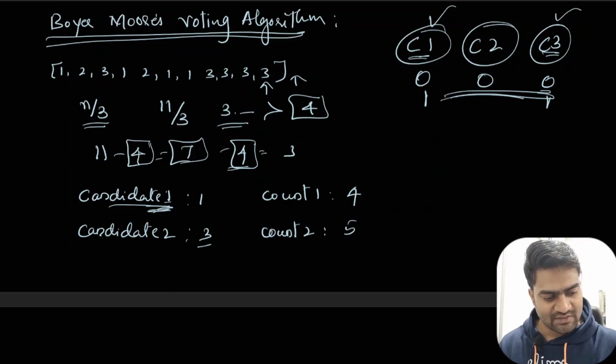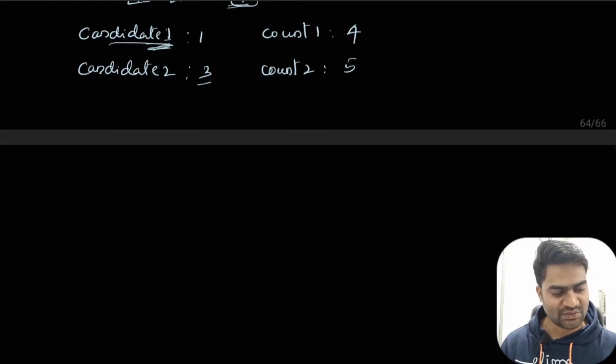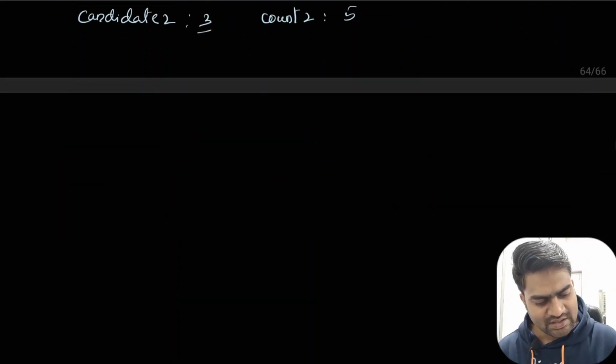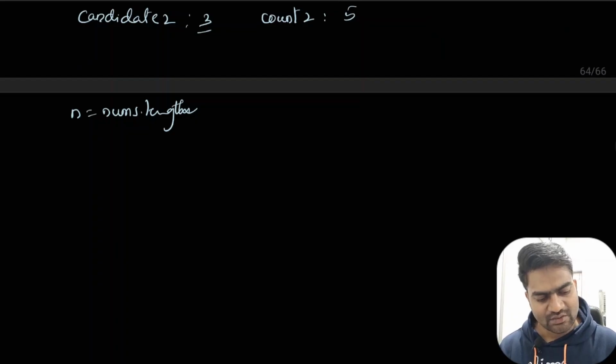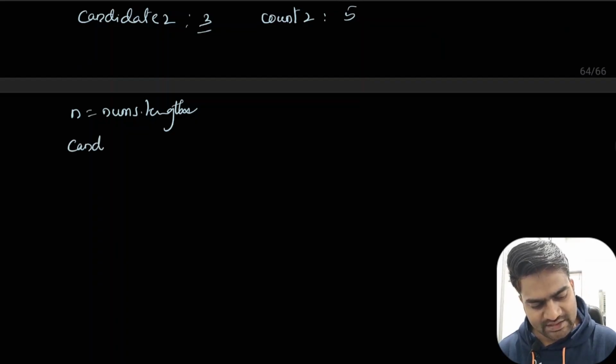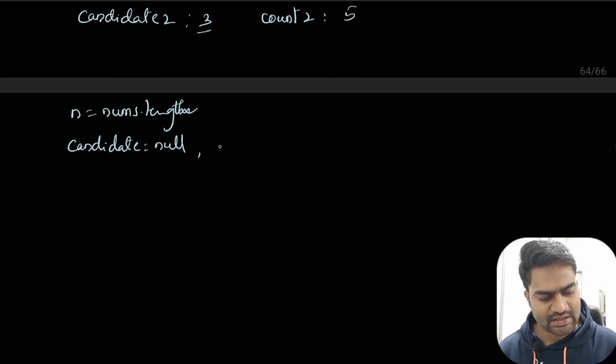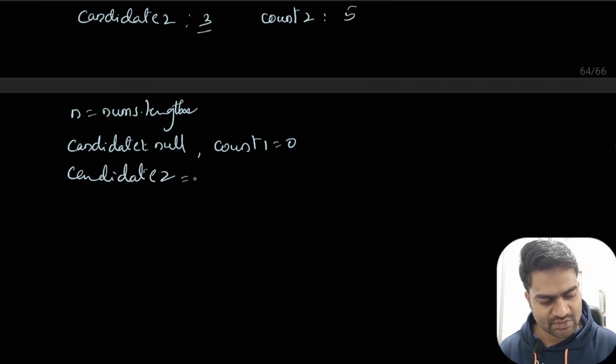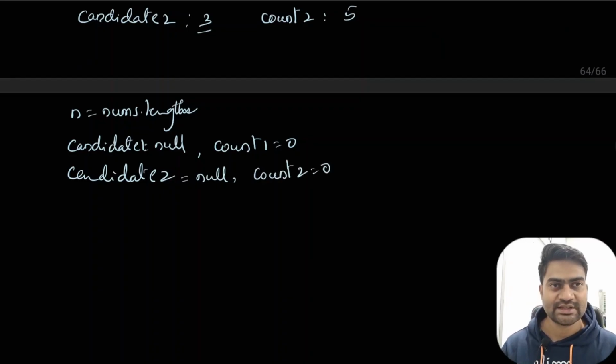problem's solution. With that, let us try to write the pseudocode for this one. So our n will be nums.length. Now after this I will take candidate 1 equal to null and count 1 equal to 0. Then candidate 2 equal to null and count 2 equal to 0.